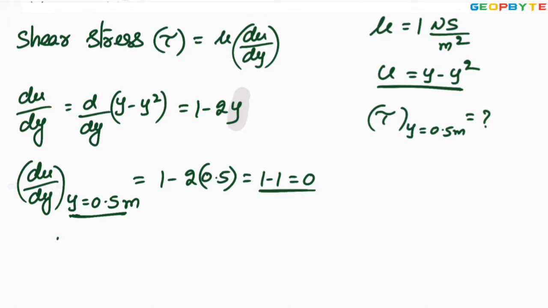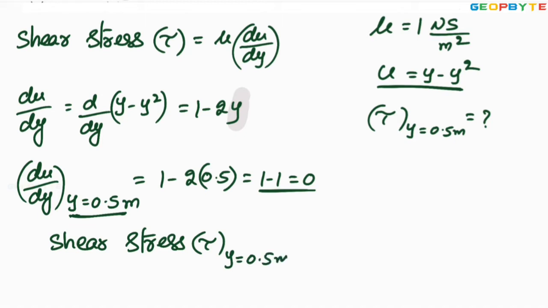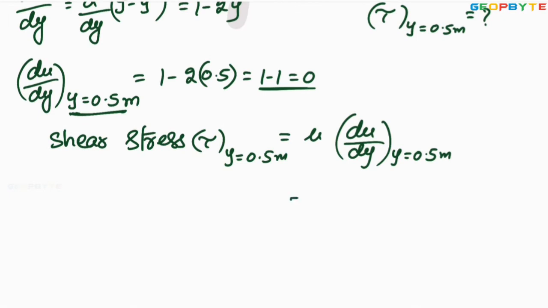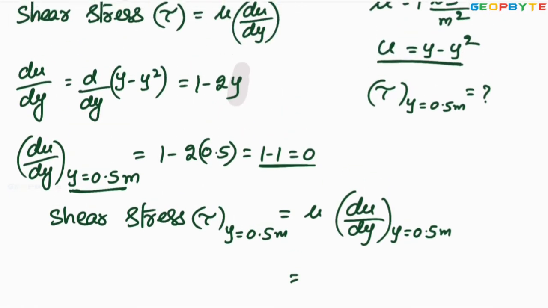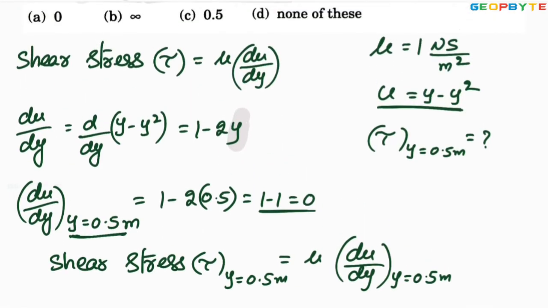Now the shear stress tau at y equal to 0.5 meter equal to mu into du by dy at y equal to 0.5 meter. What is the mu value which is given? Mu is 1 Newton second per meter square.